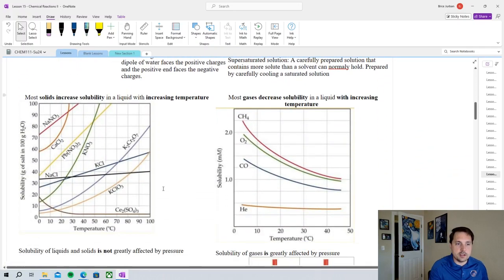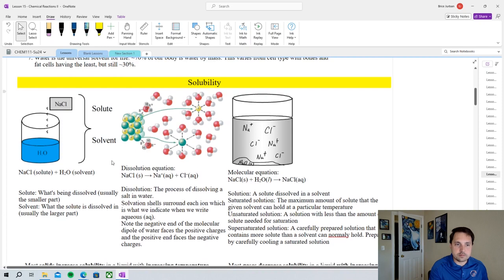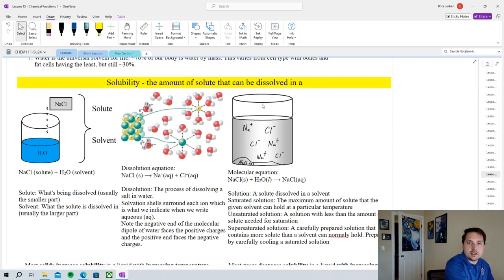So solubility is, again, let me write this out: the amount of solute that can be dissolved in a given amount of solvent at a particular temperature.